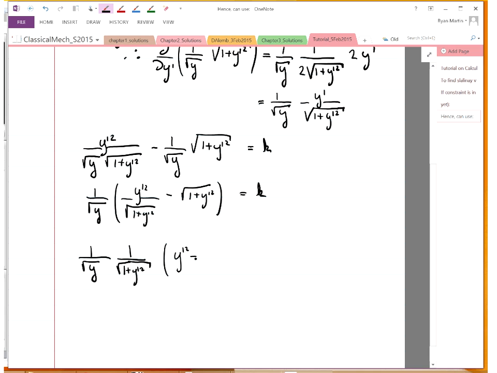And then inside I have y prime squared minus, so the second term, to put it over the denominator of square root of 1 plus y prime squared, I have to multiply the top and bottom by square root of 1 plus y prime squared. That's convenient because that just squares the top there. I'm left with 1 and then minus y prime squared equals k.